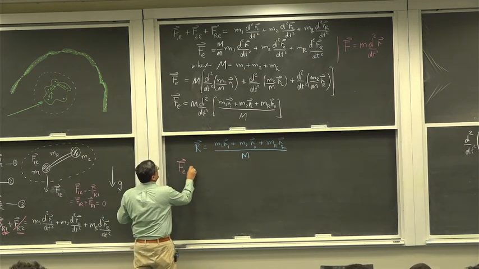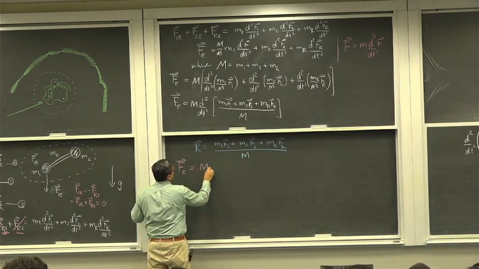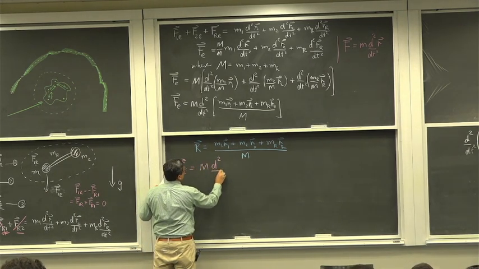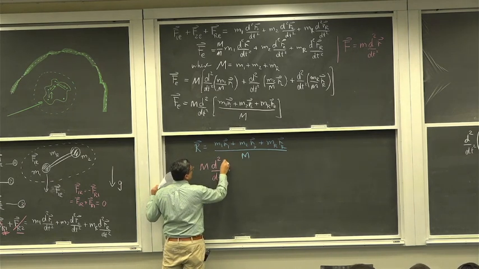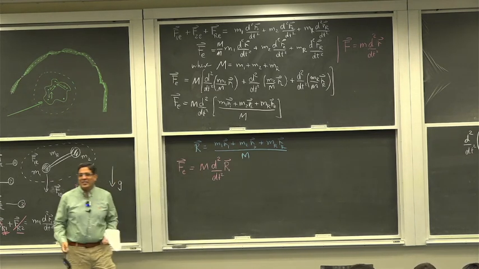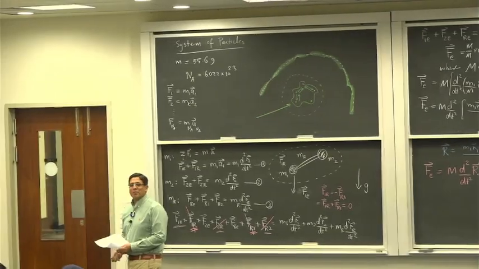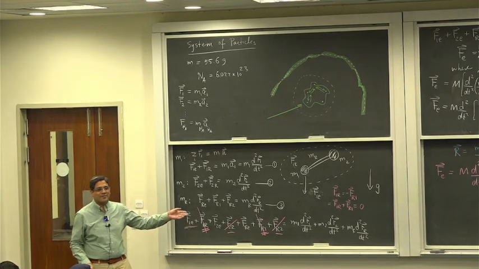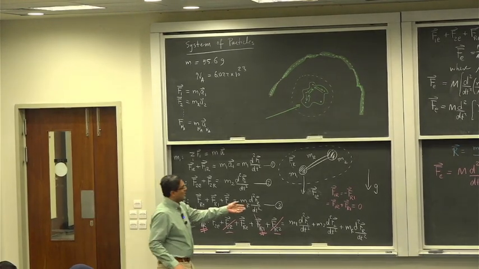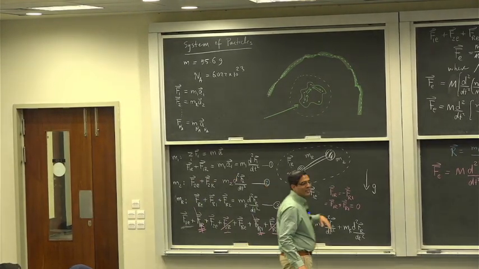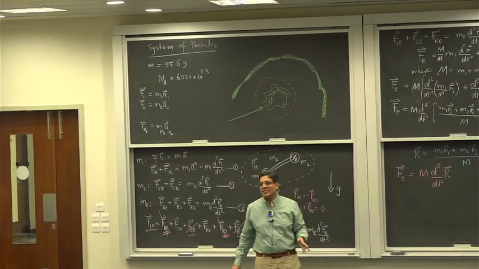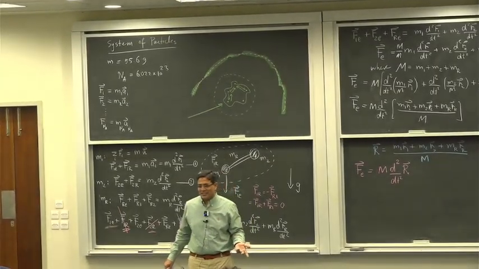So F_e equals M d squared R over dt squared. Now this looks much simpler, doesn't it? This is now standard Newton's law being applied to a system of particles.